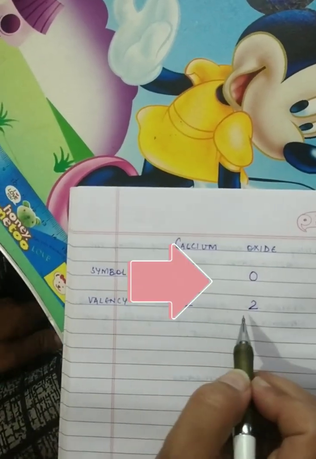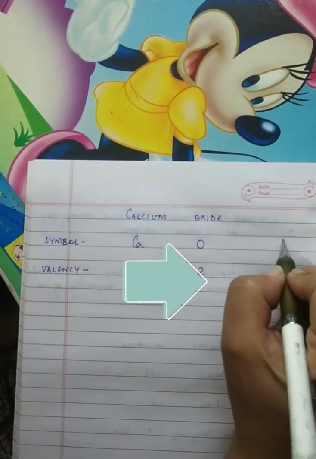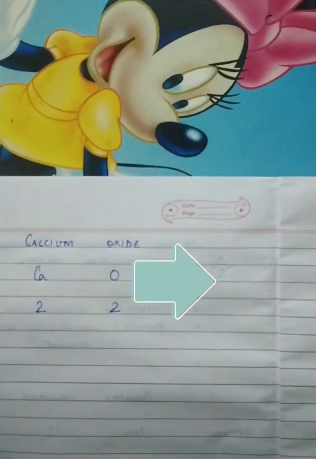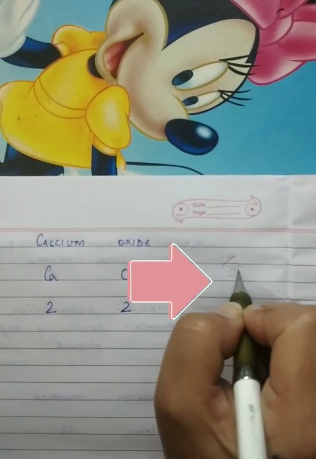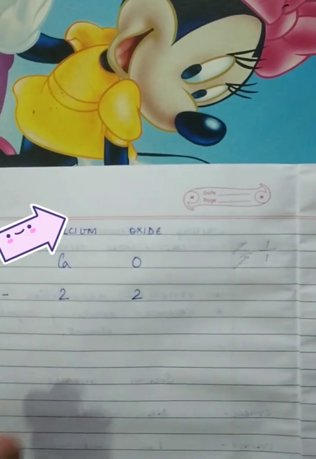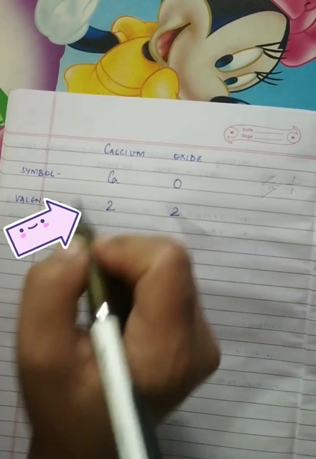Now here we have 2 and 2. In mathematics you must have done fractions. When the numerator and denominator can be cancelled, we write 2 ones are 2, 2 ones are 2. Similarly, here also the valencies can be cancelled.